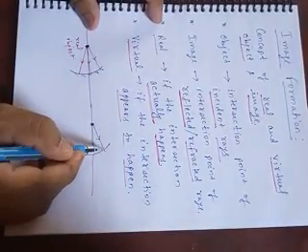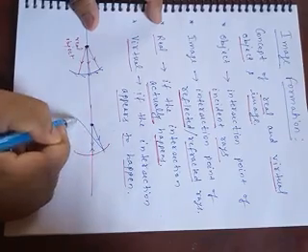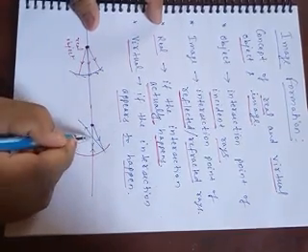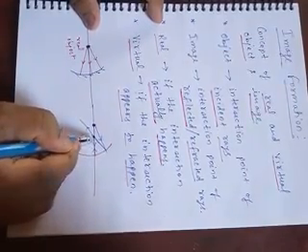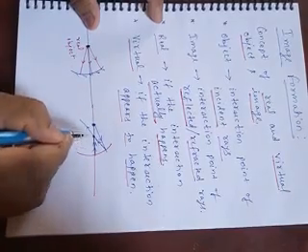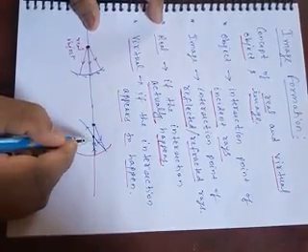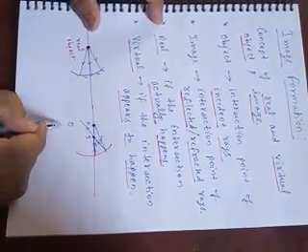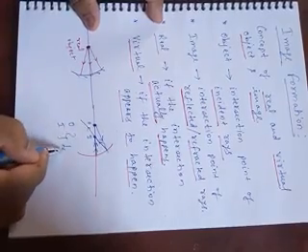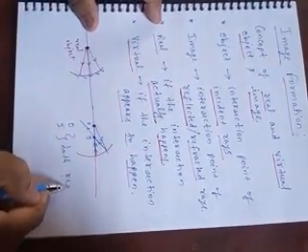This is the reflected ray. This is the intersection point of the reflected rays. This is one reflected ray, this is another reflected ray, and this is the intersection point. So this image and this object are both real. Object and image both real. Correct?